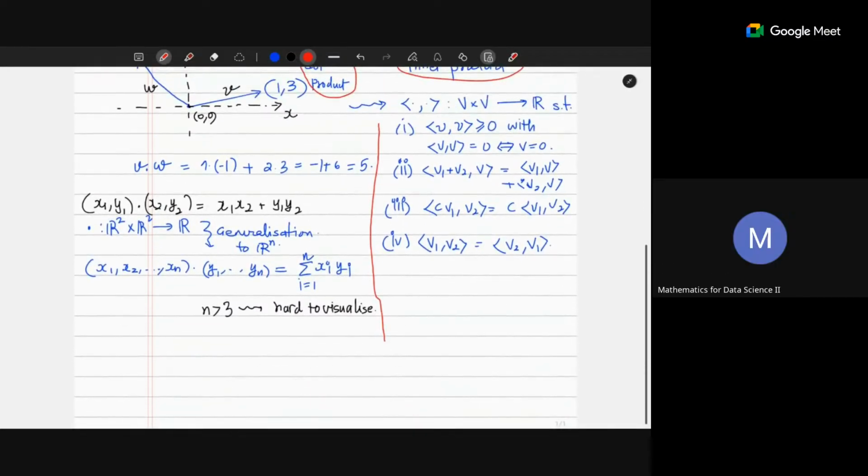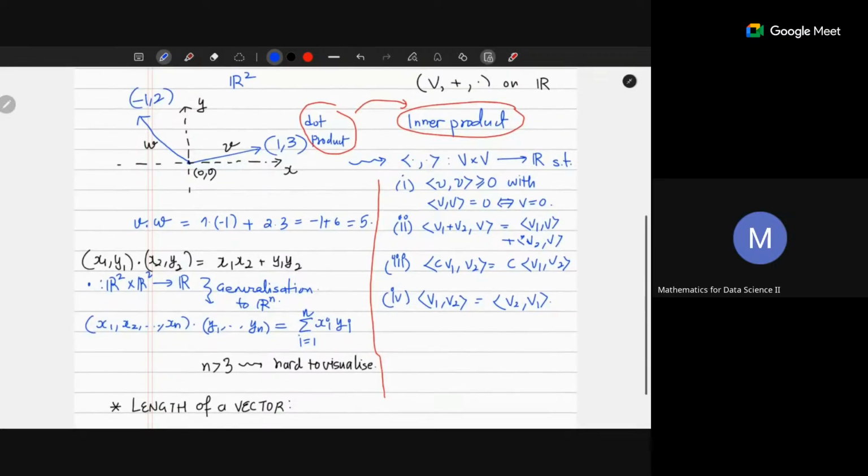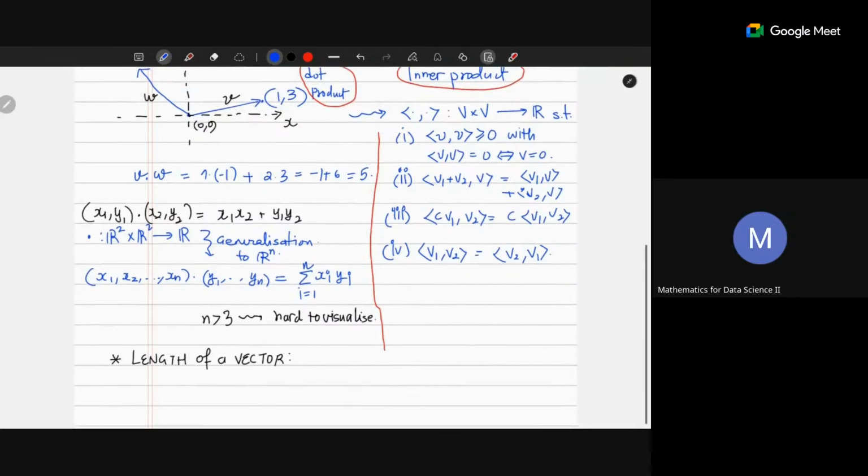Now in R2 or in Rn, we have length as well. We have a concept of length of a vector. So now what is the length? Length is basically the distance between the origin and the point 1 comma 3. That is also known as the length of the vector v. All right.